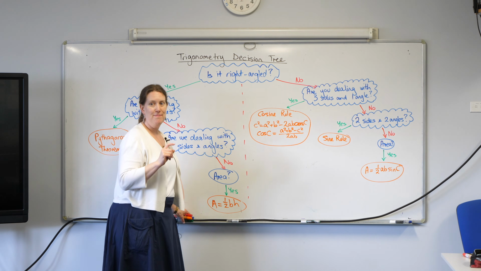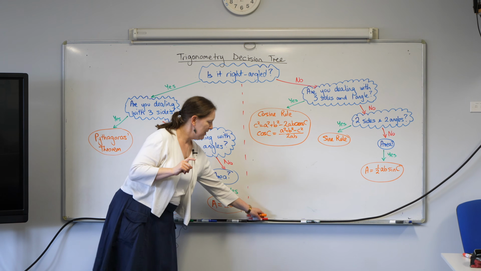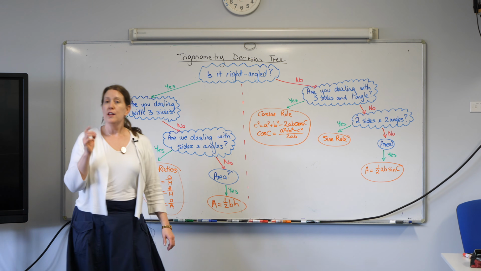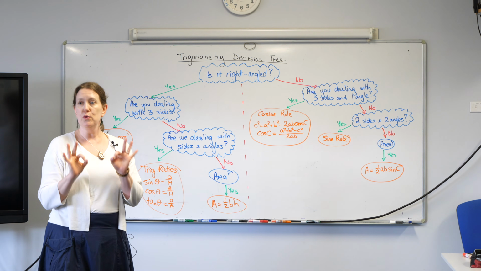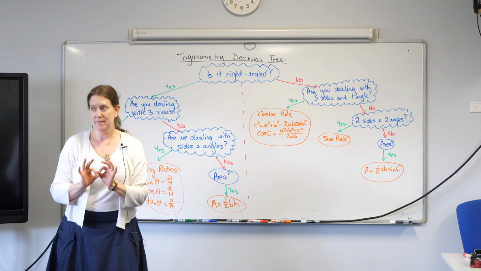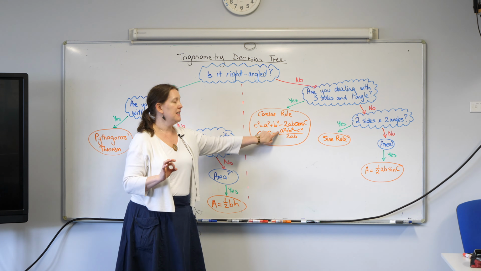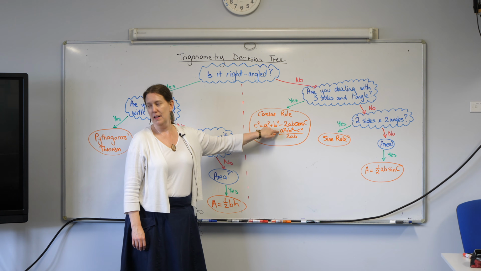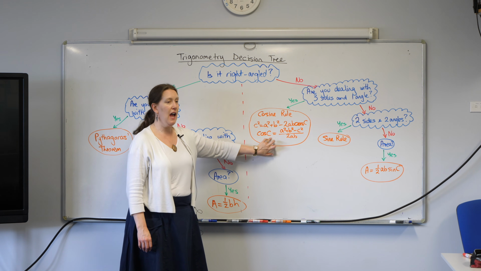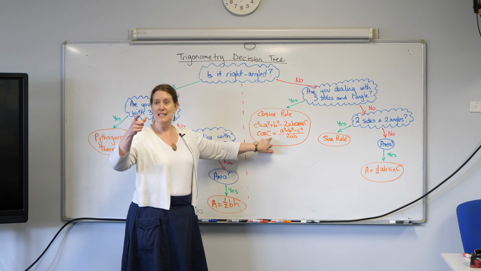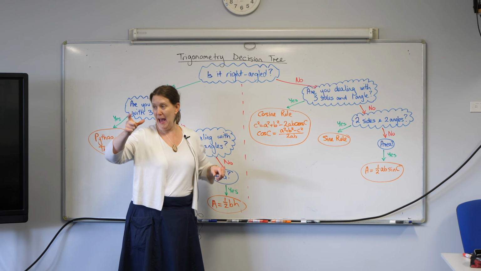Last thing I want to say. The formulas are labelled very particularly. Every side is a lowercase letter. Every angle is a capital. And the capitals and the lowercase letters match.